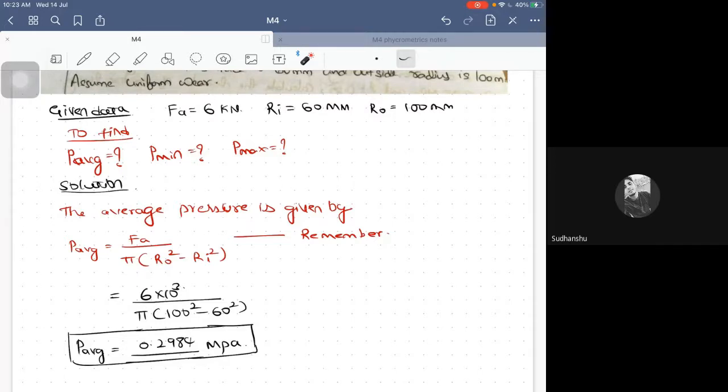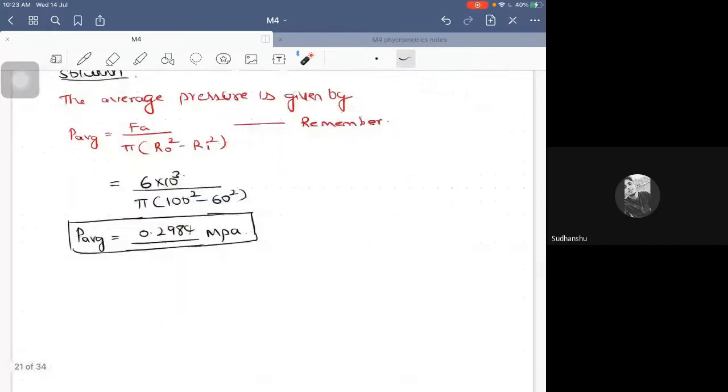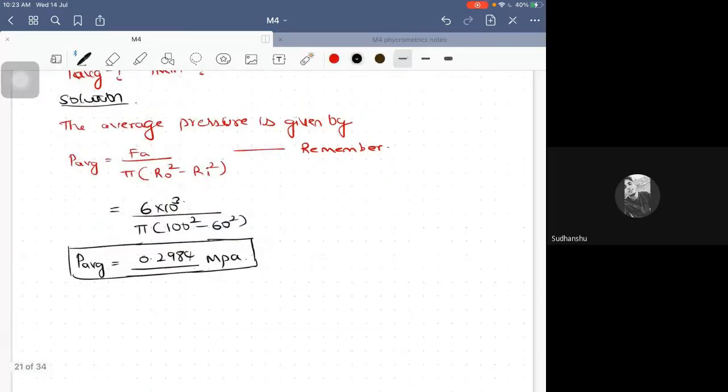Okay. Now you can find this equation in your data handbook, which says the axial force is given by FA equals pi by 2, P and D, sorry, it's P and D, D naught minus Di.